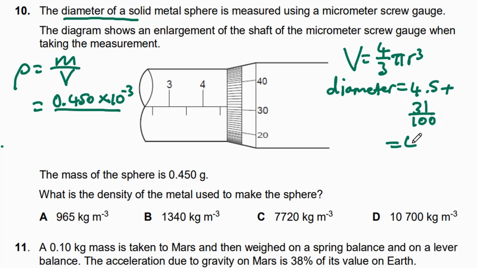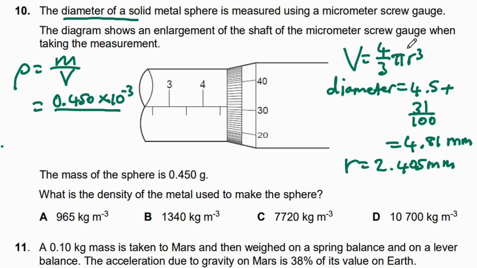And this is 4.81 millimeters. This we have to convert to the radius, so we're going to divide the diameter by 2. So 4.81 divided by 2.